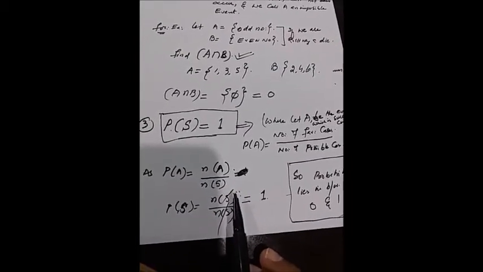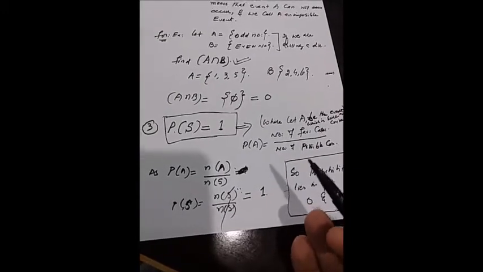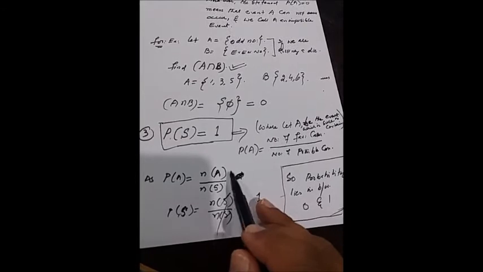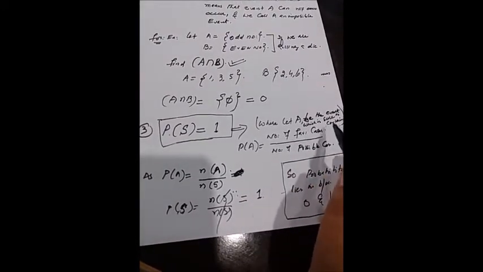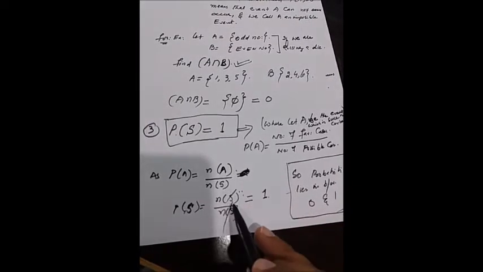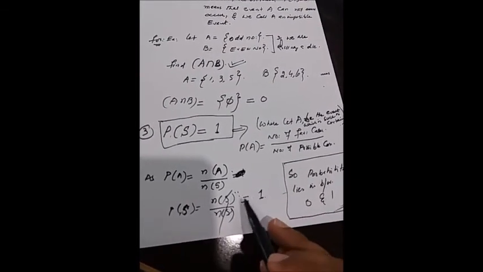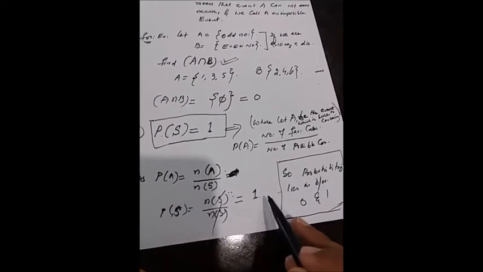Why? Because sample space contains 100% of observations, all the possible outcomes of the random experiment. So if an event contains all the possible outcomes, meaning the event is certain or sure, it is equal to sample space. And when the event is equal to sample space, the result will be 1.